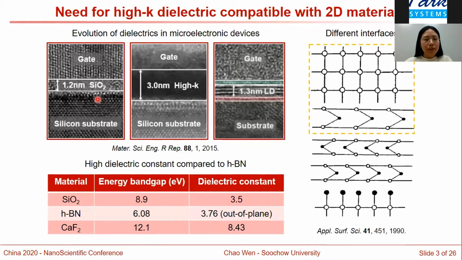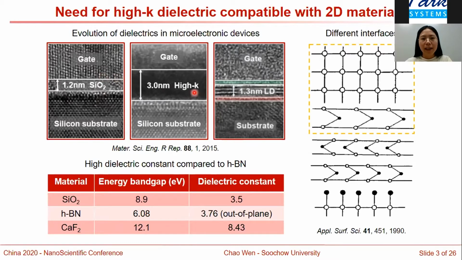So, dielectrics are very essential for microelectronic devices. The first dielectric is silicon dioxide. But when the size of the devices has been scaled down, leakage currents arise across the thin silicon dioxide film, increase the power consumption, and reduce the reliability of our microelectronic devices.